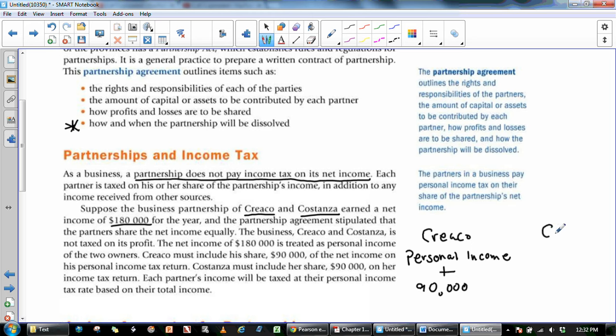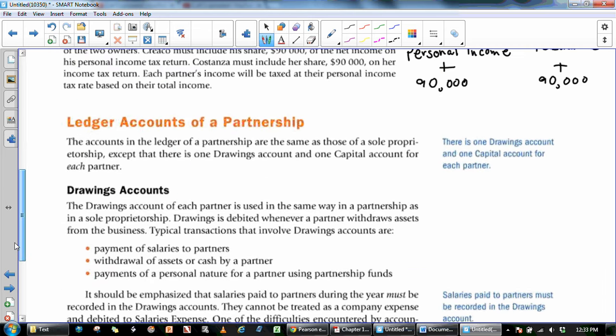And then same thing with Costanza. She'll have her personal income plus 90,000 on her tax return. So these are the personal tax returns. There is no business tax for a partnership or for a sole proprietorship. That's key, okay? You want to remember that. So that's that. All right.